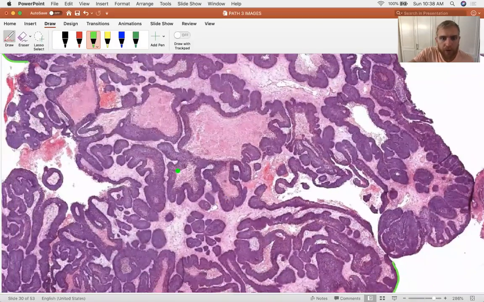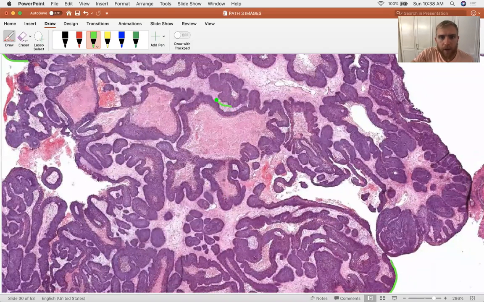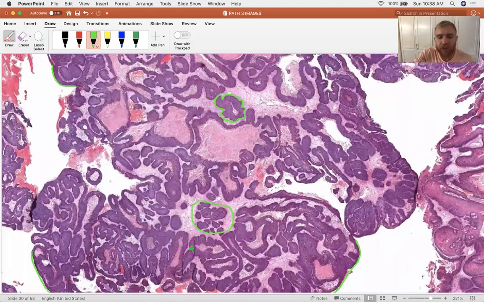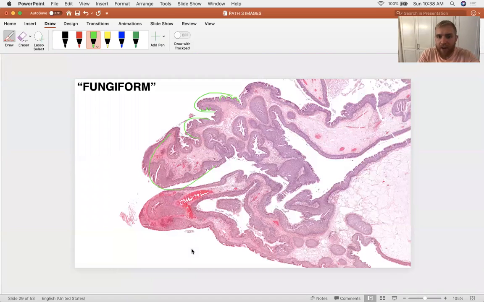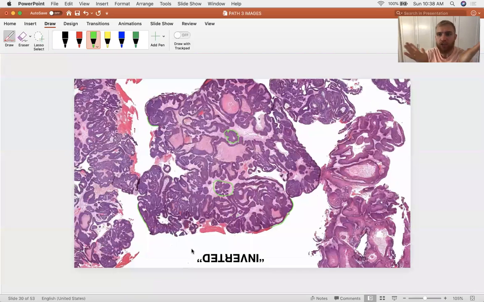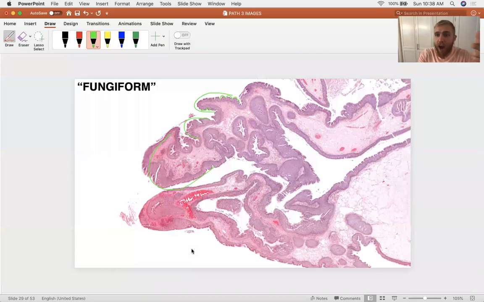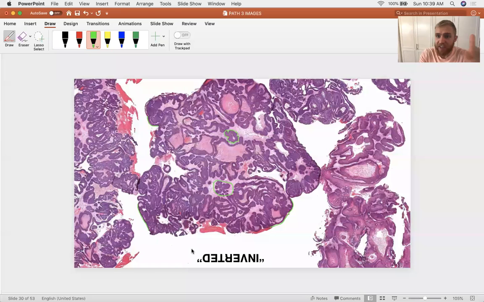But what you're seeing with all of these outline shapes here, like here's a cluster of just outlines, are the same bumps as are on the outside of this fungiform papilloma, just inverted and turned on the inside. So the analogy for this is a sock, and this is the same sock folded inside out. So that's what we're looking at here.